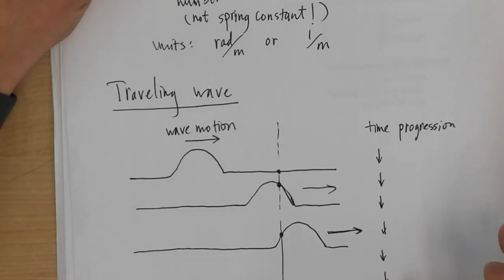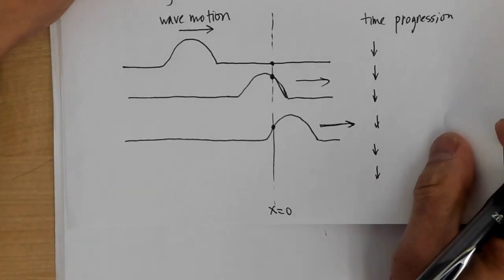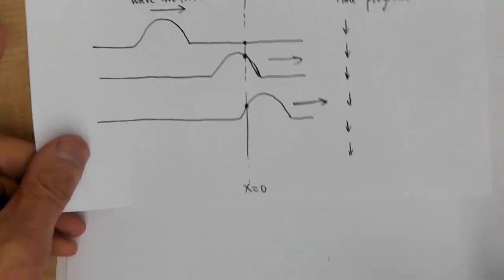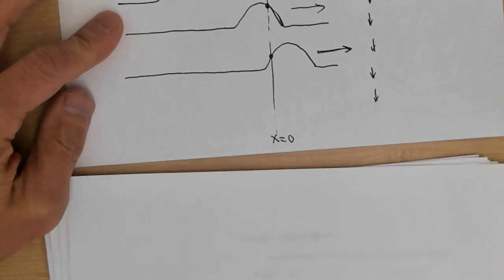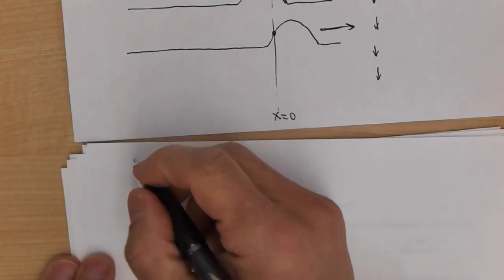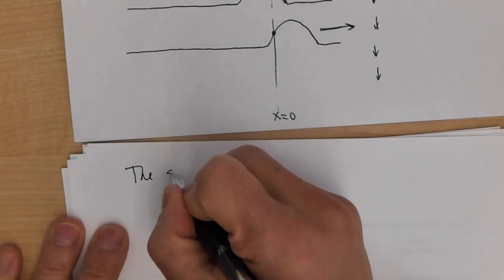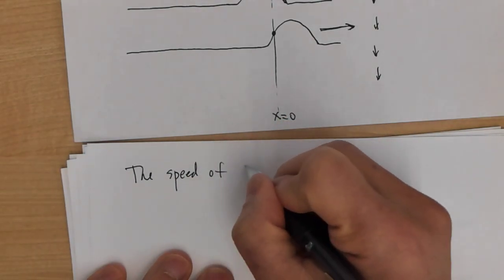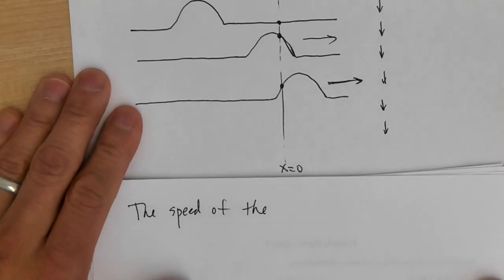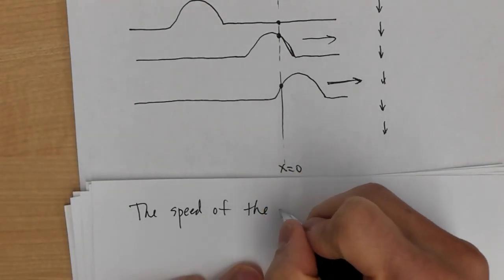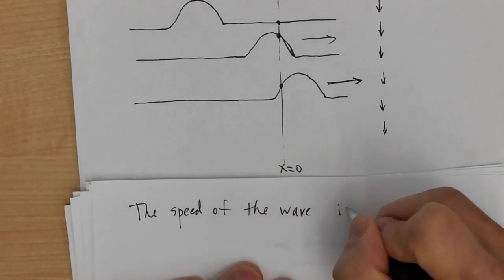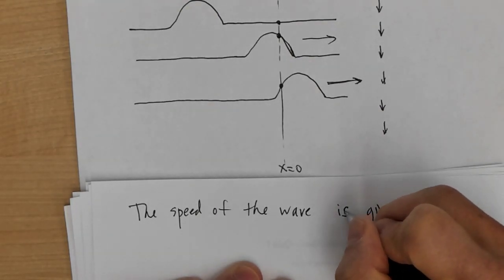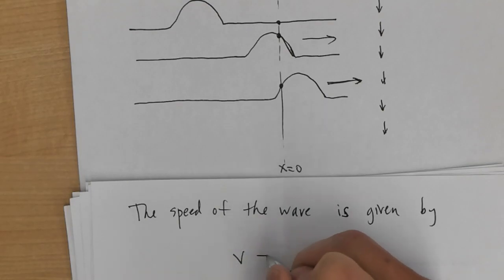Okay, so we can talk about the speed of the wave. The speed of the wave is given by the formula v.